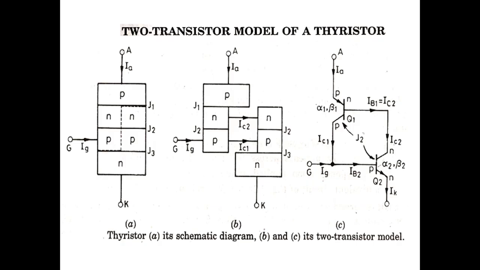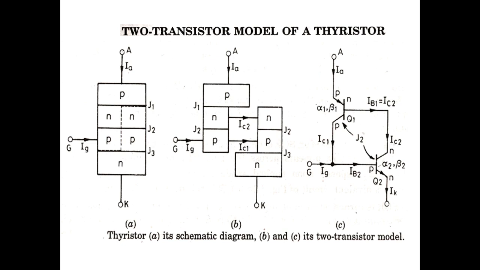And the similar currents we can analyze from this third diagram: the base current of the first transistor will be equal to the collector current of the second transistor, that is IB1 is equal to IC2, and the base current of the transistor Q2 will be equal to IC1 plus the gate current, that is IB2, which is the gate current applied from the outside plus the collector current from the transistor Q1.